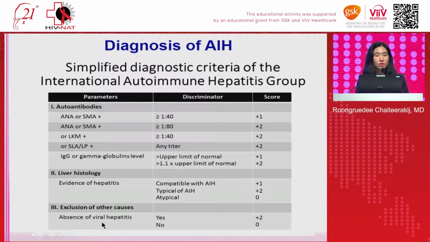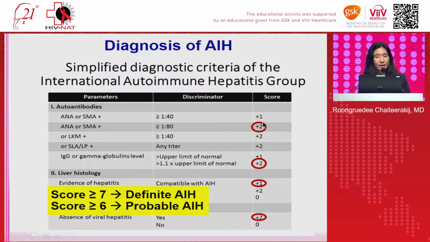And the most important one is that you have to exclude other causes of hepatitis, especially viral hepatitis, drug-induced hepatitis, fatty liver, or alcohol. When we calculated the score for this patient, we got 7, which means the diagnosis was considered definite AIH.